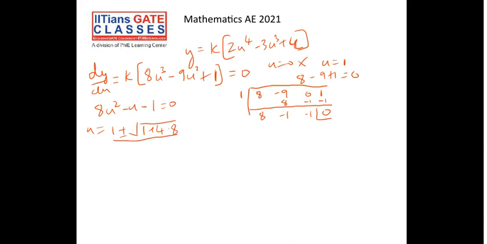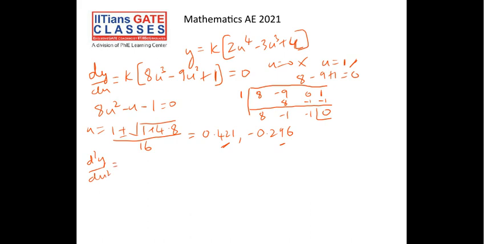So we can find the roots by the quadratic formula. u is equal to minus b plus or minus root of b square minus 4ac, divided by 2a. So evaluating this, we get the two values as 0.421 and minus 0.296. We need to use a calculator to get these exact values. So the three values are u equal to 1, u equal to 0.421 and u is equal to minus 0.296.